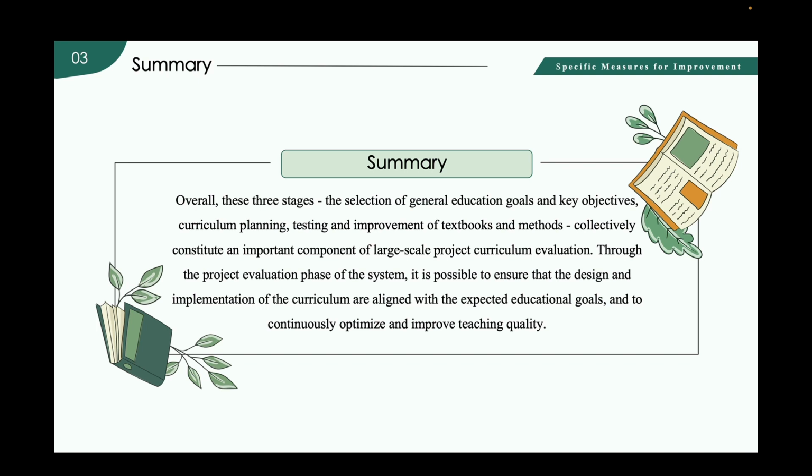Overall, these three stages, the selection of general education goals and the key objectives, curriculum planning, and testing and improvement of textbooks and methods, collectively constitute an important component of curriculum evaluation for large-scale projects.